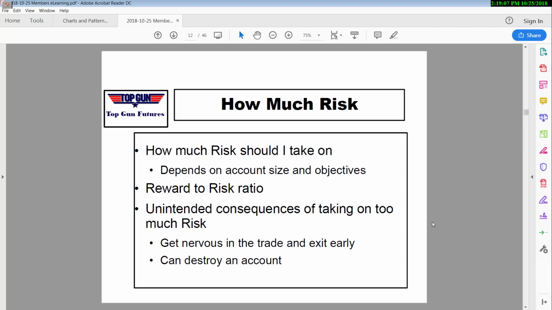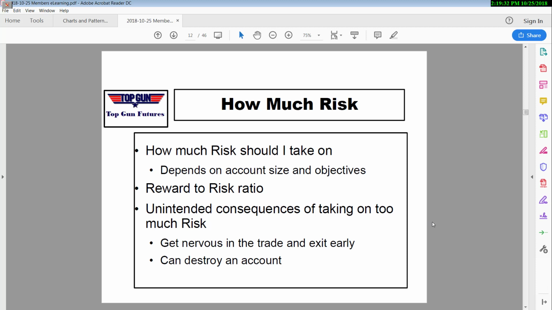A lot of people talk about, oh, well, I don't want to risk no more than 1% or 2% in a trade or whatever. Well, with a small account, that's probably not going to happen. Small account, you need to make sure that you're not putting all your eggs in one basket. If you've only got a $10,000 account, you don't have $8,000 in one trade if you can help it.